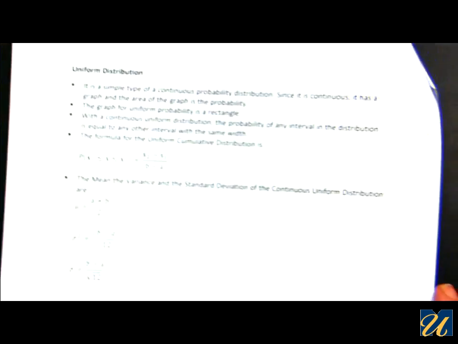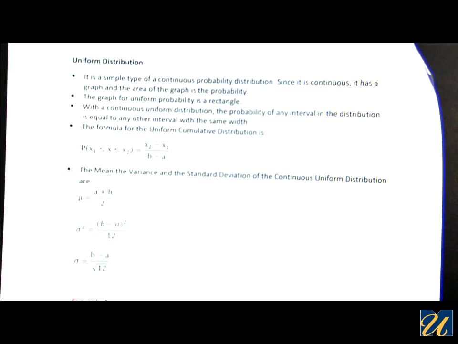And the next distribution we're going to look at is the uniform distribution. It is a simple type of continuous probability distribution. Since it is continuous, it has a graph, and the area of the graph is the probability. The graph for a uniform probability is rectangular. With a continuous uniform distribution, the probability of any interval in the distribution is equal to any other interval with the same width.